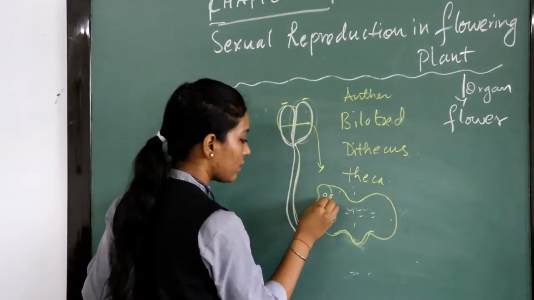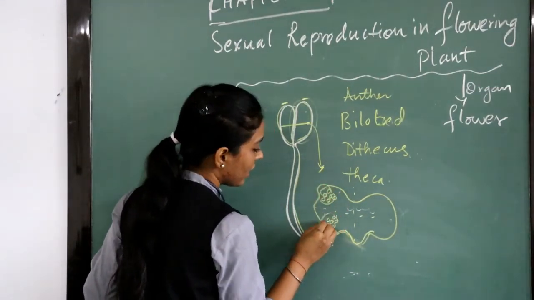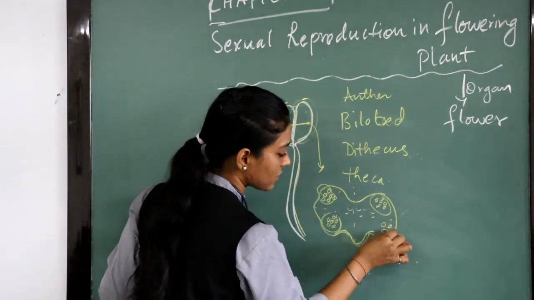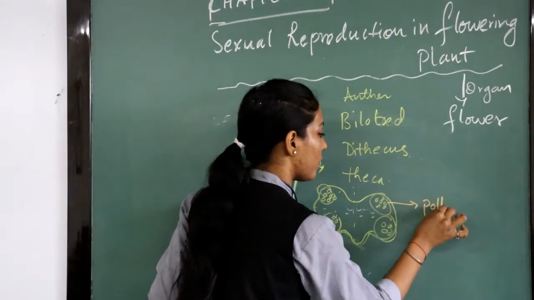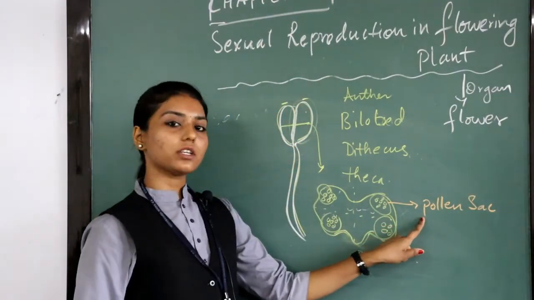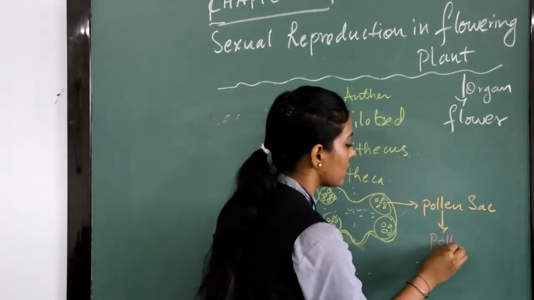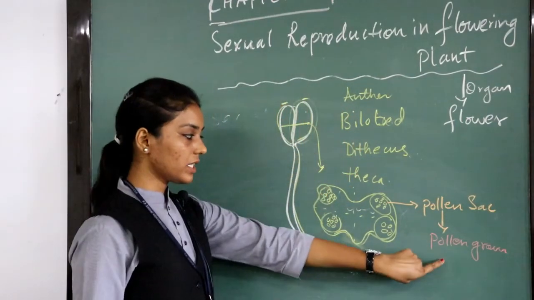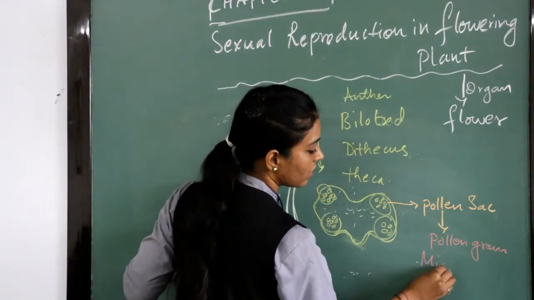Each theca comprises pollen sacs. ऐसे sac present होते हैं, and these sac-like structures are called pollen sacs. During germination, the pollen sac secretes pollen grain. So pollen grains are present in the anther. Pollen grains are also called microspores.